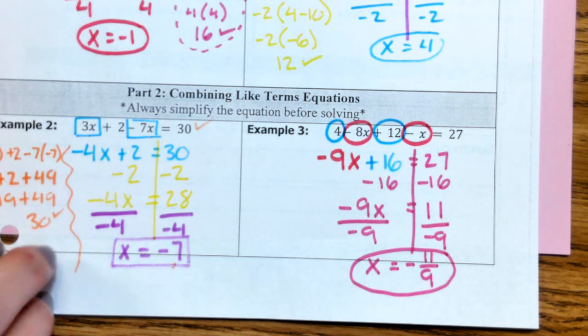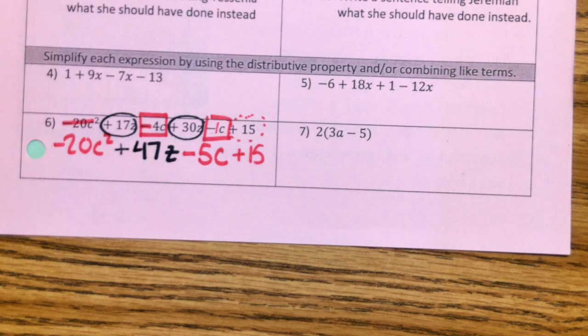Okay, can someone raise your hand and tell me what you got for the first you try on the back? Go ahead. Negative 5. All right, Peter, what did you get for the second you try on the back? Can someone tell me what you got for the second you try on the back, that second problem?